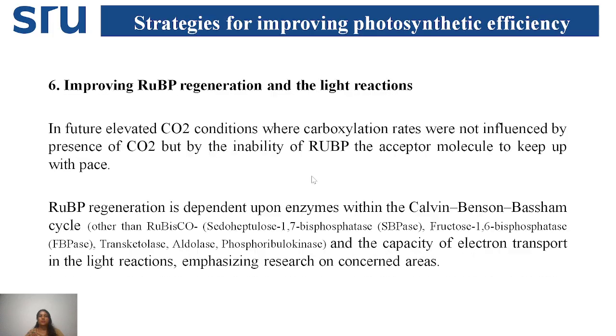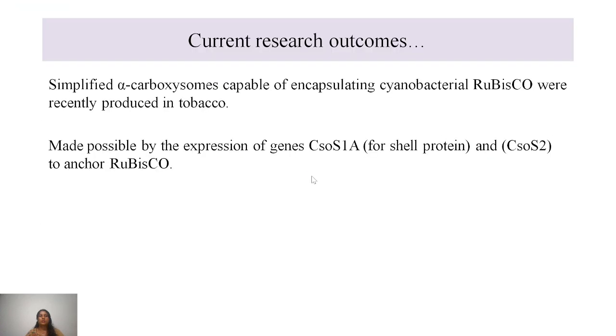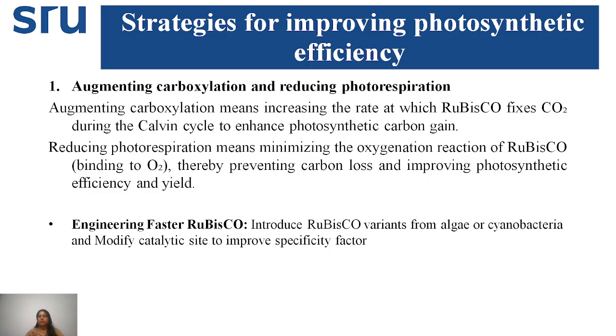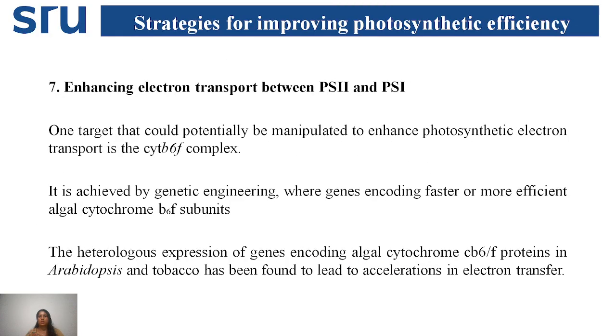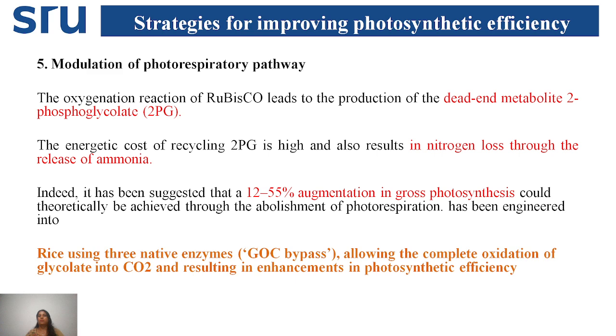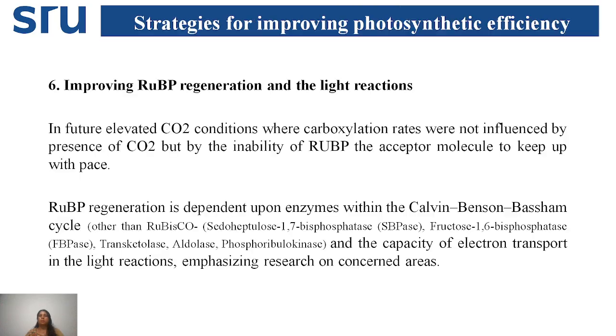So I think this one ends. We have some strategies to improve photosynthesis: avoiding photorespiration, improving photosystem 1 and 2, improving Rubisco regeneration, and avoiding photorespiration by the GOC bypass pathway.